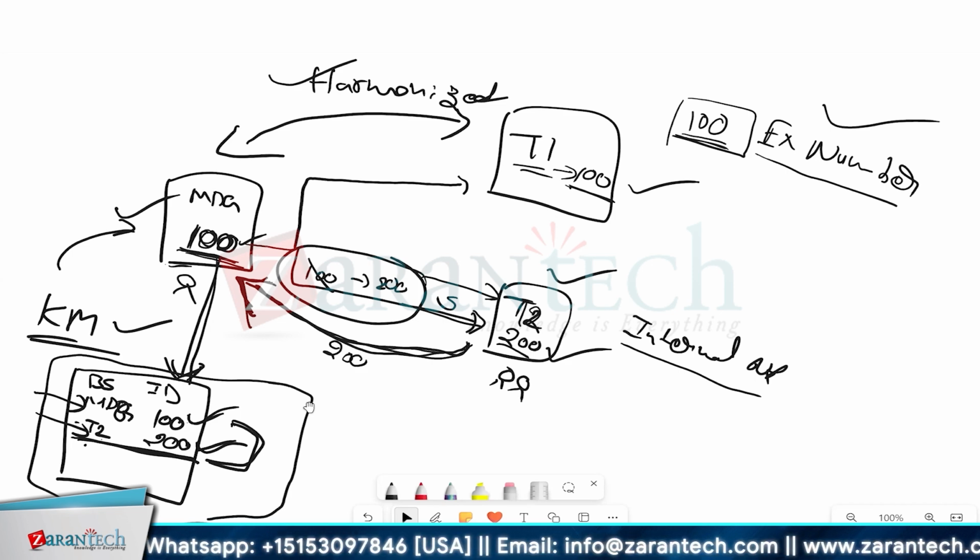But when some systems use internal number ranges and your MDG uses a different one, there will be a mismatch of your material numbers. It will never match. That's where SAP provided key mapping functionality in MDG.